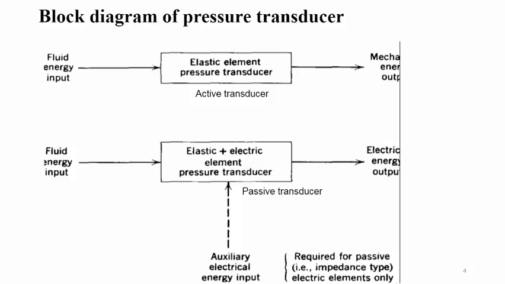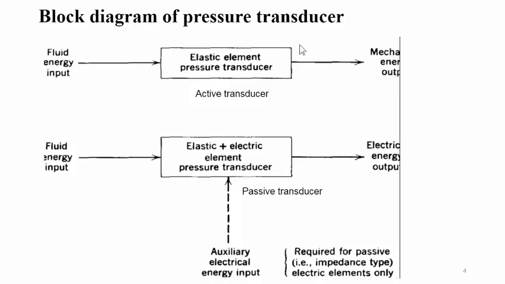These pressure transducers are mainly categorized into active transducer based pressure sensors and passive transducer based pressure sensors. In these two figures we can see the fluid energy input applied to the elastic element in the pressure transducer, which is the active transducer that produces mechanical energy in the output form. In the second category you will find the elastic element plus electric element in the assembly.